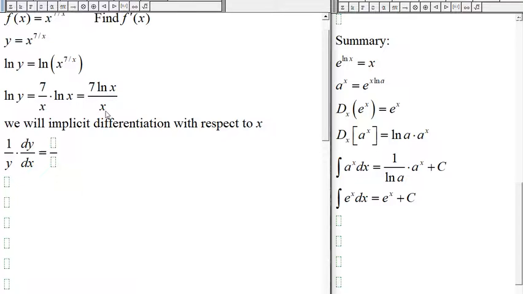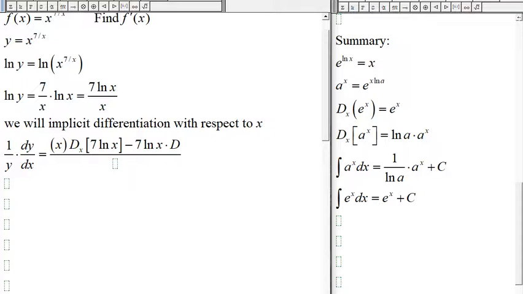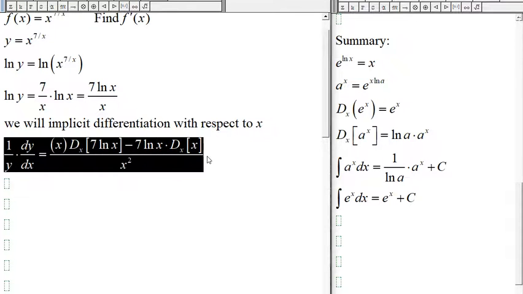So the quotient rule is the denominator times the derivative of the numerator, minus the numerator times the derivative of the denominator, and then divided by the denominator squared. And so that's the quotient rule.